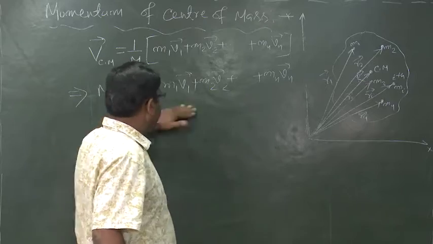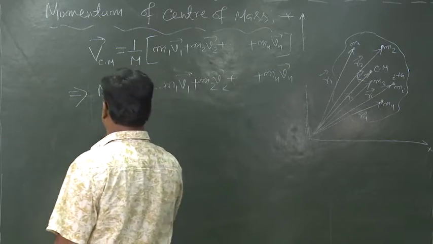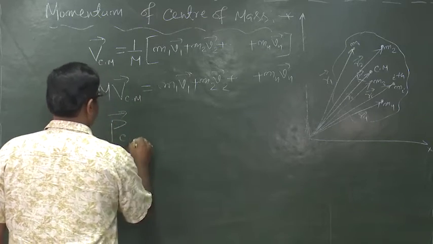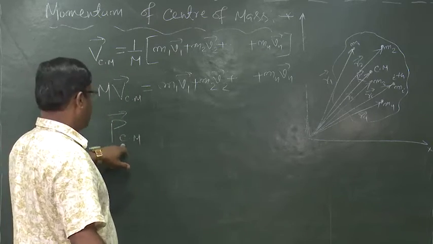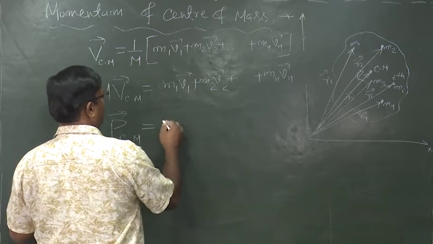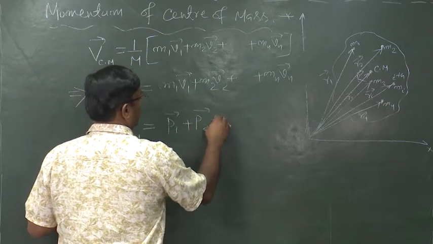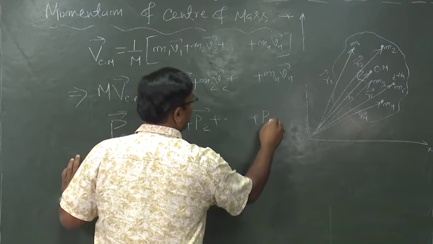So, this expression can be written as PCM, where P stands for momentum and CM stands for center of mass. PCM will be equal to P1 vector plus P2 vector plus up to Pn vector.